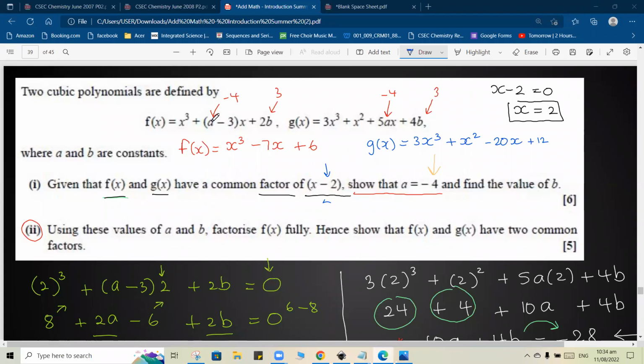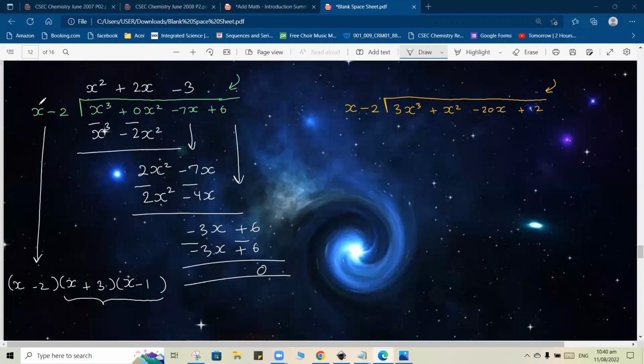So all I did was replace the a's and the b's, and I simplified it to get this, and I went to g(x) and I replaced all the a's and b's with the values and simplified it. And the next step now is to factorize the red one and the blue one. So when we fully factorize the first quadratic, this is the expression I got.